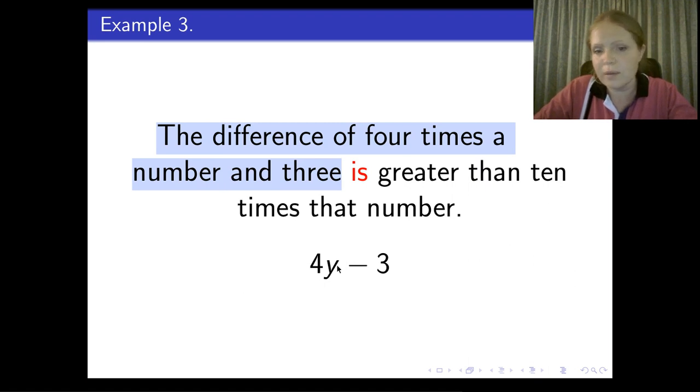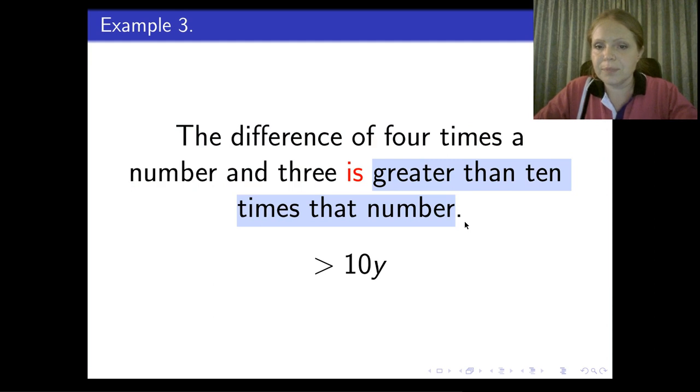Let it be y. 4 times a number means 4 multiplied by that variable, 4y. The difference of 4 times a number and 3: from 4y, we subtract the number 3.